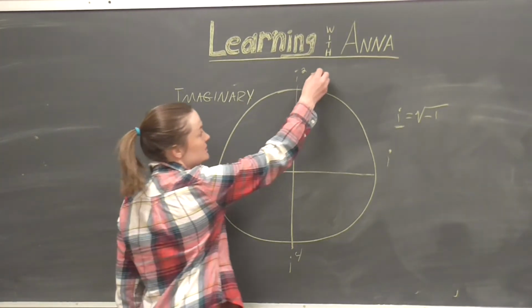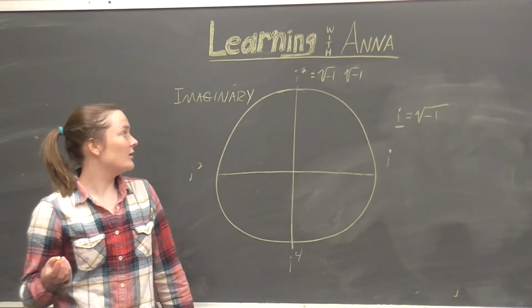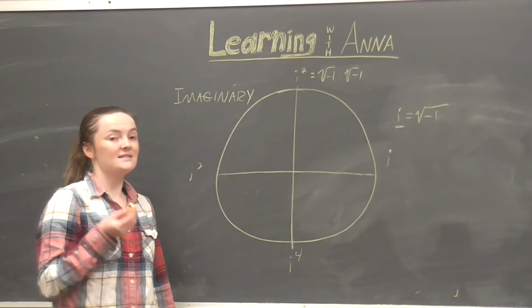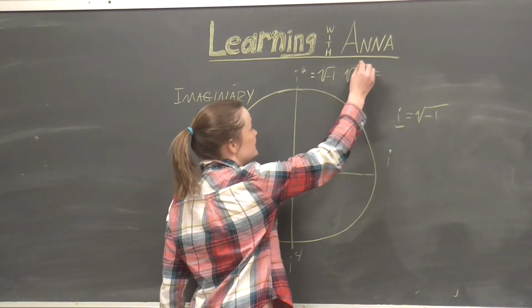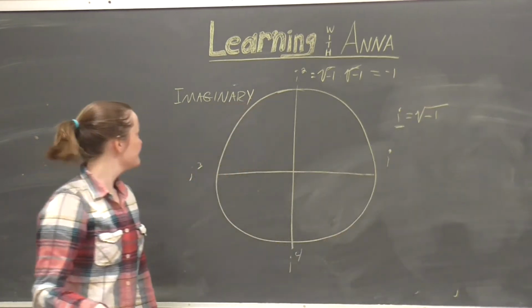Well, i squared is equal to the square root of -1 times the square root of -1. Therefore, a square root of a number times itself is going to cancel out the square root. Thus, i squared is equal to -1.